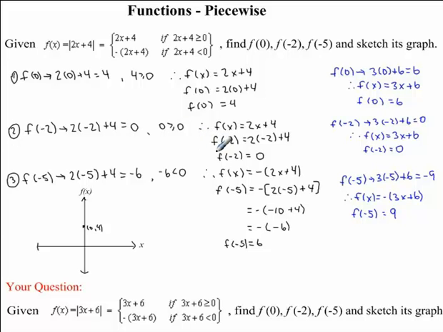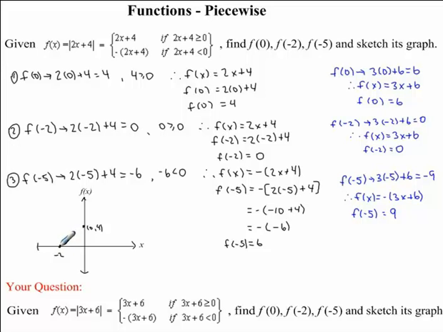Over here we evaluated our f of -2, and we found it to be equal to 0. This means when x is equal to -2, our f of -2 was equal to 0. So x was -2, we found that our y was 0.